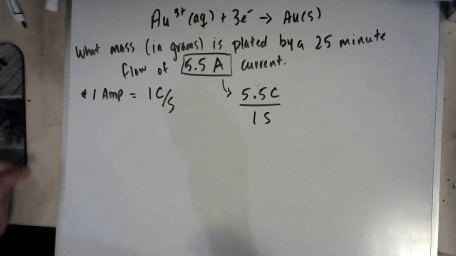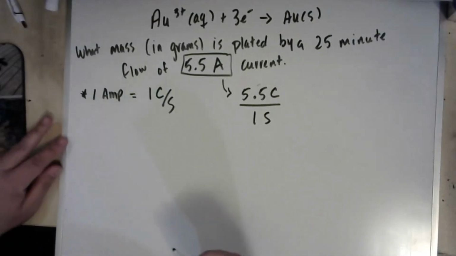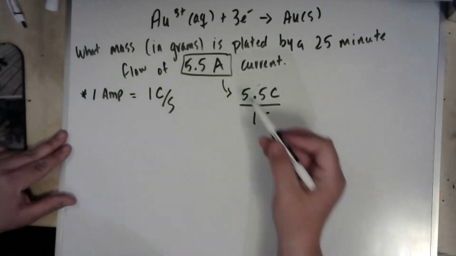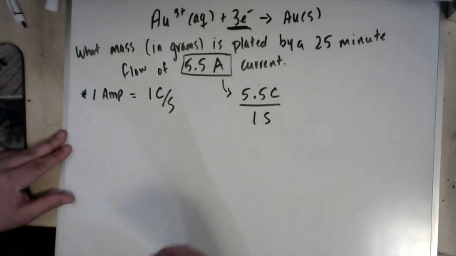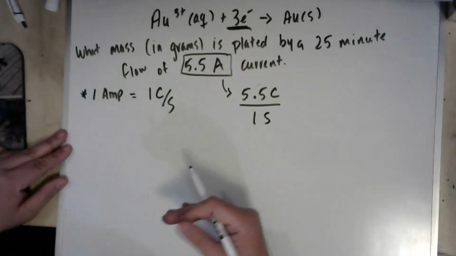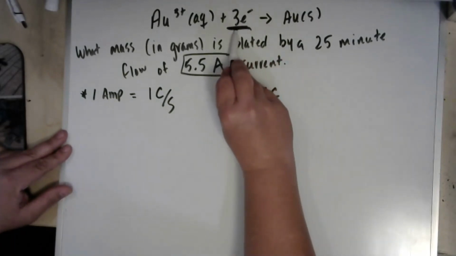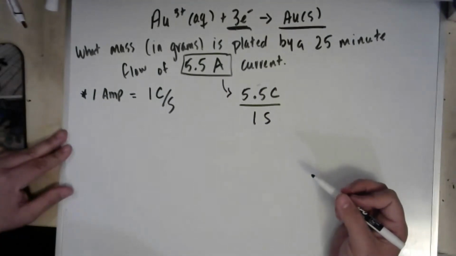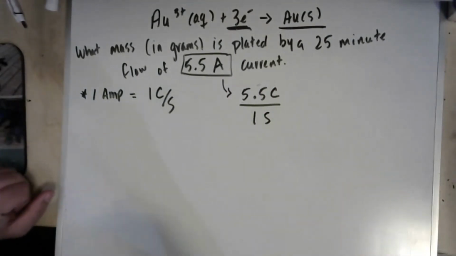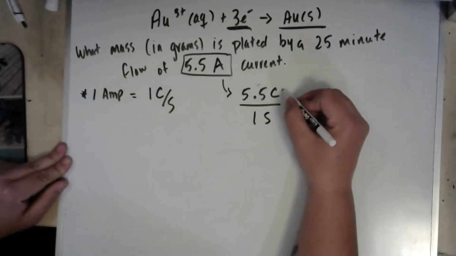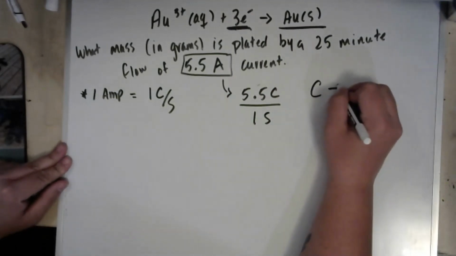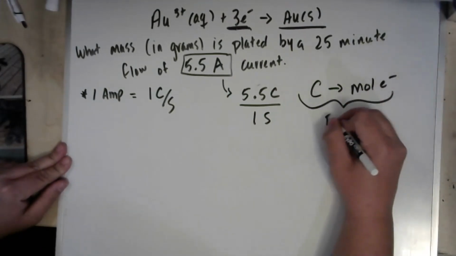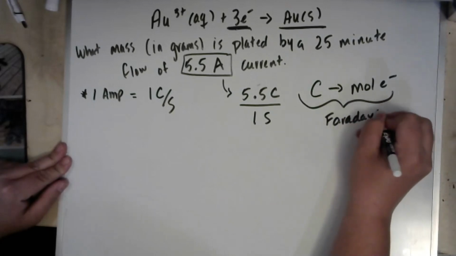The other thing you're going to need to be able to relate is the moles of electrons in the reaction you're focused on, as they relate to the moles of the solid that you're looking to form. Because we're going to use Faraday's constant to link coulombs to moles of electrons. This link is going to be made by Faraday's constant.